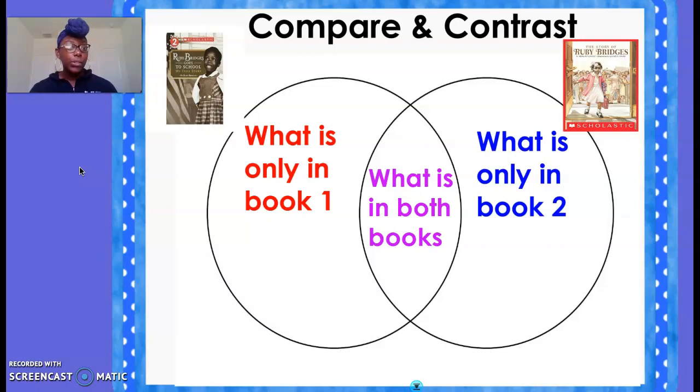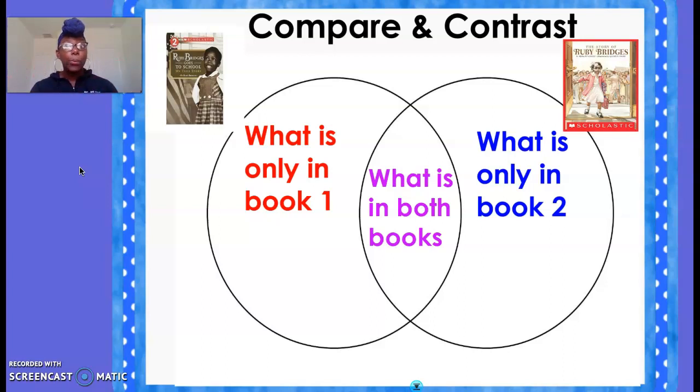So, some of you guys may have seen this before. This is called a Venn diagram. Can you say Venn diagram? Ready? Very good. A Venn diagram helps readers and writers and teachers and students to compare and contrast two different things.